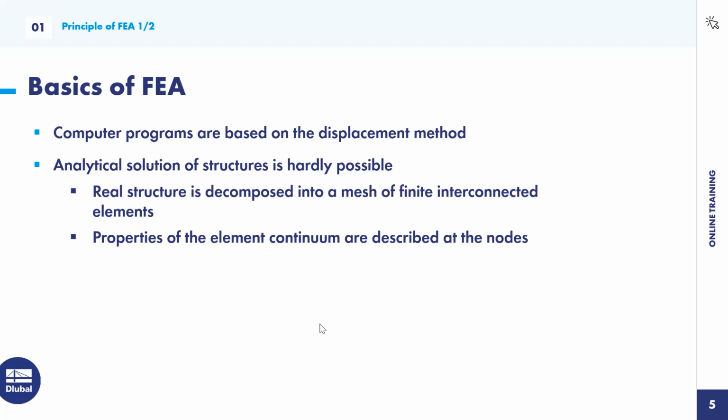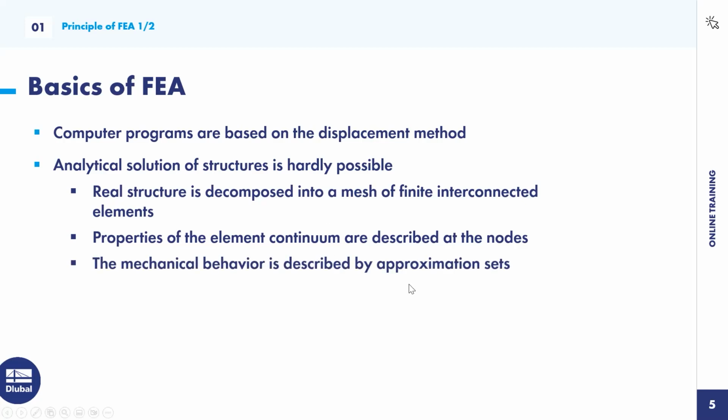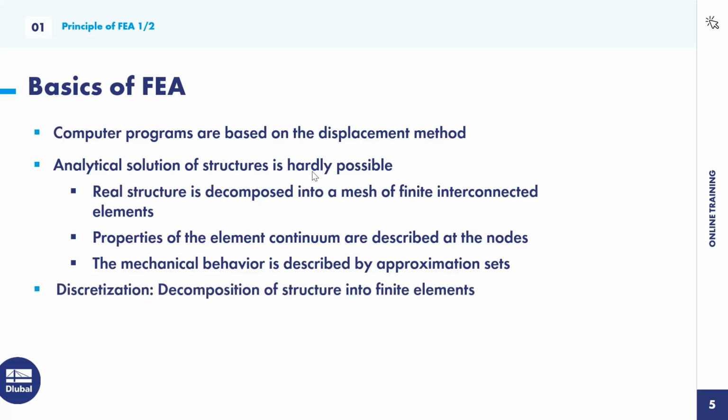Within these finite elements, we will use approximation sets to describe the internal forces, for example, inside one element itself. So this decomposition of the real structure into a lot of finite elements is also called the discretization.